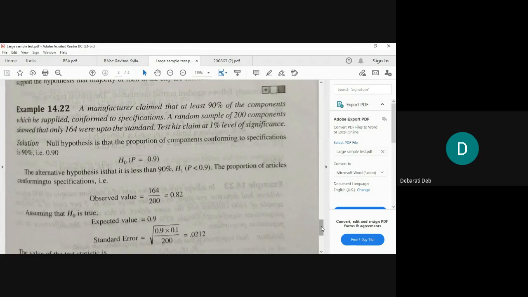Out of 200 samples, 164 came up to the standard, that means they are up to the quality. From this information, we have to test whether the manufacturer's claim that at least 90% of his components are up to specification is true.